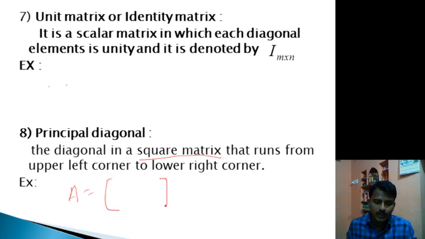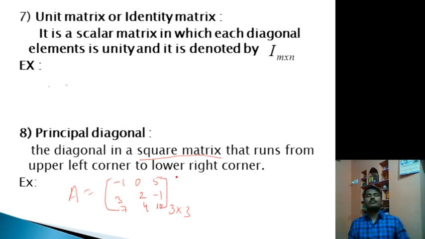See here, I will take 3 cross 3. Yes, it is a square matrix. The elements of the given matrix are not specified. You can take like minus 1 0 5, 3 2 minus 1, 7 4 and 10. Yes, it is a square matrix.